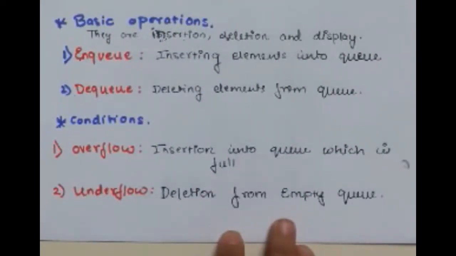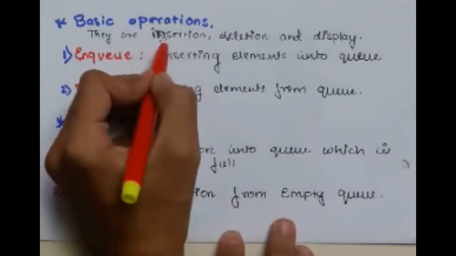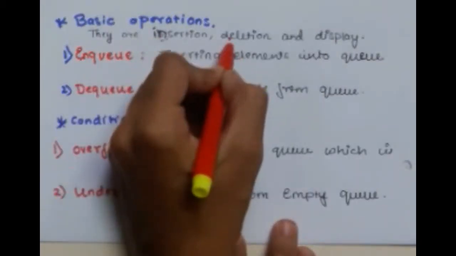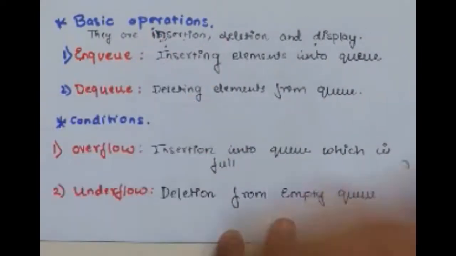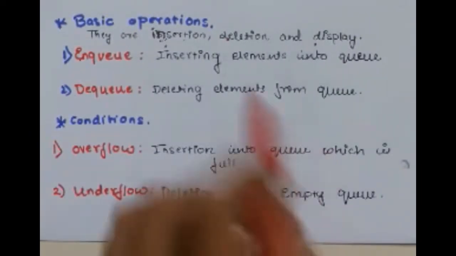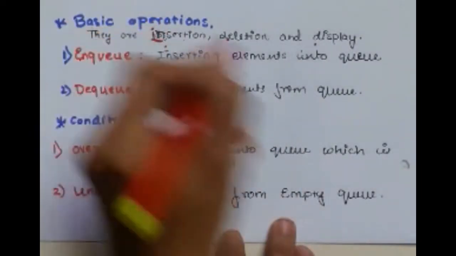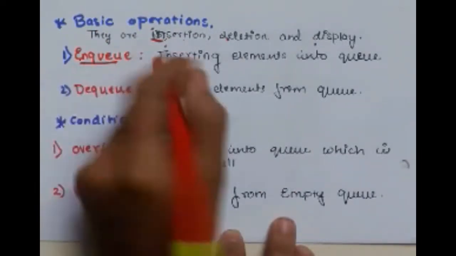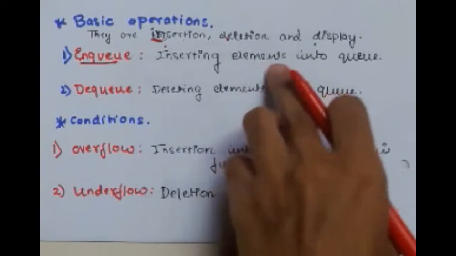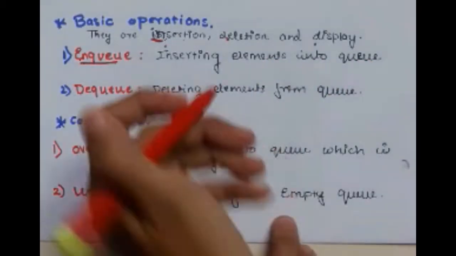Now let us understand the basic operations of queue, and they are insertion, deletion and display. So these are the three basic operations of queue. What is the meaning of insertion? Insertion means inserting an element into the queue, and the terminology used for insertion in queue is enqueue. So enqueue is entering or inserting elements into the queue using the rear end.